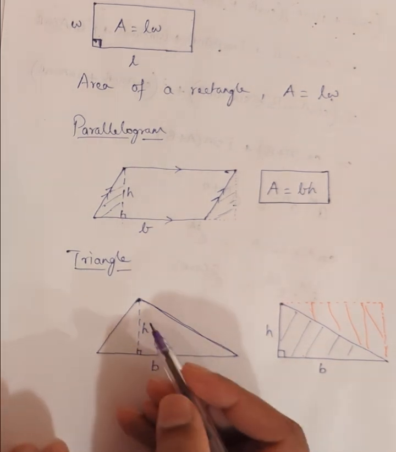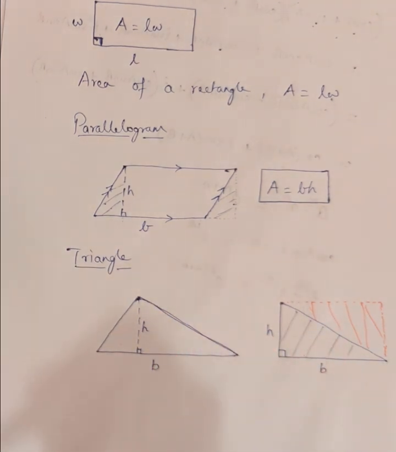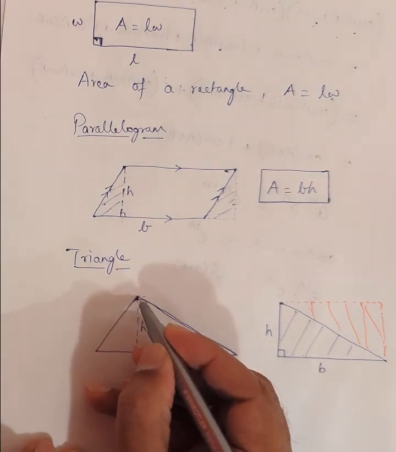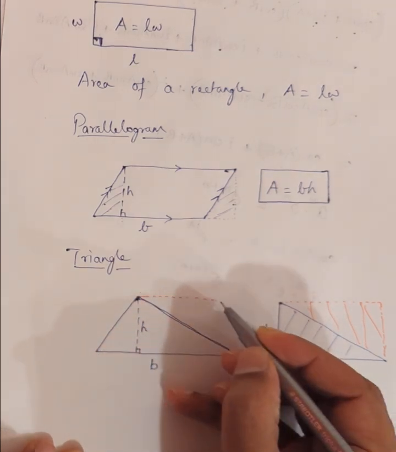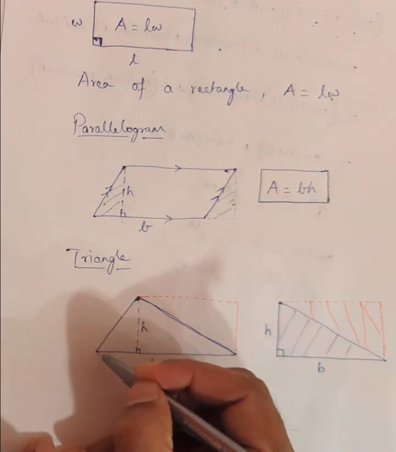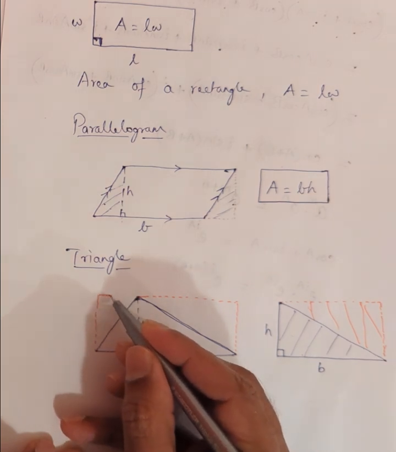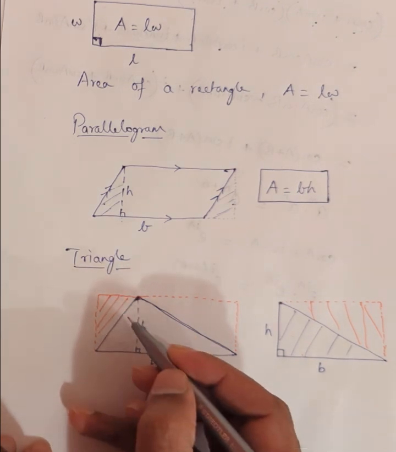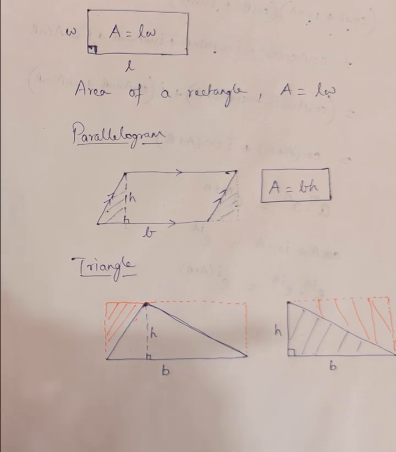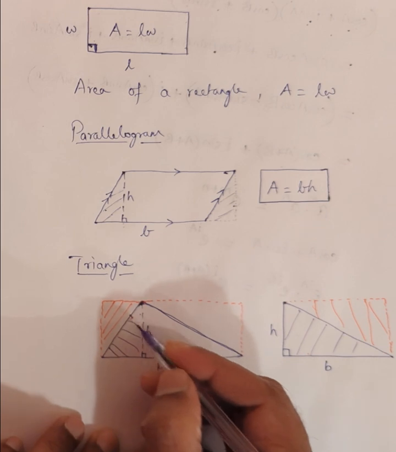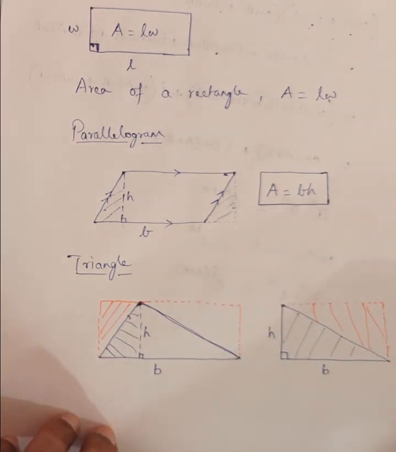Now, can we use the same idea in a general triangle? Yes. If you draw a parallel line to the base, then you can put this triangle in a rectangle this way. And then notice that whatever area I have here is the same as area here. And let's again use different colors.